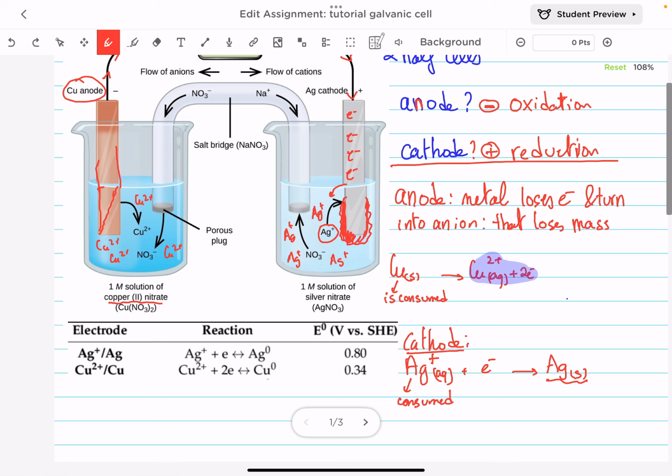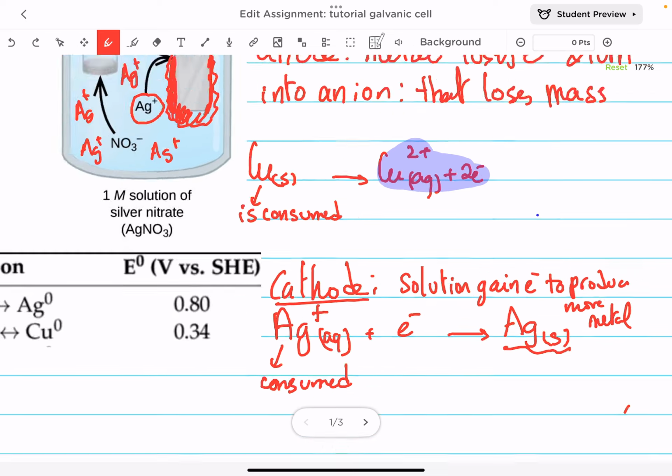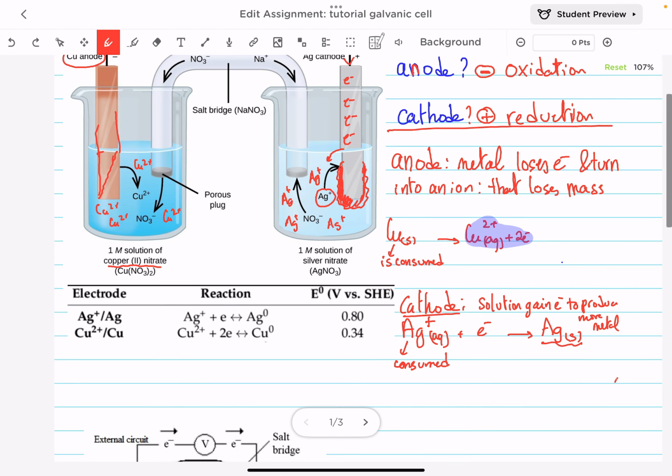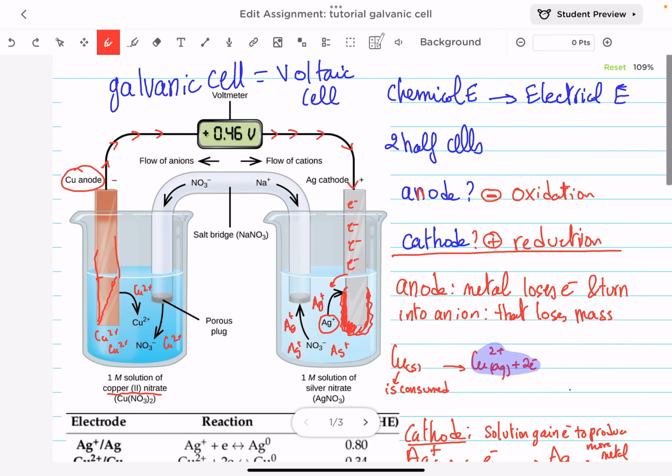Now, again, I'm going to write here. The solution receives, gains the electrons coming from the anode to produce more metal, in our case here, more silver. The cathode is the electrode that gains mass. So the electrode becomes bigger.